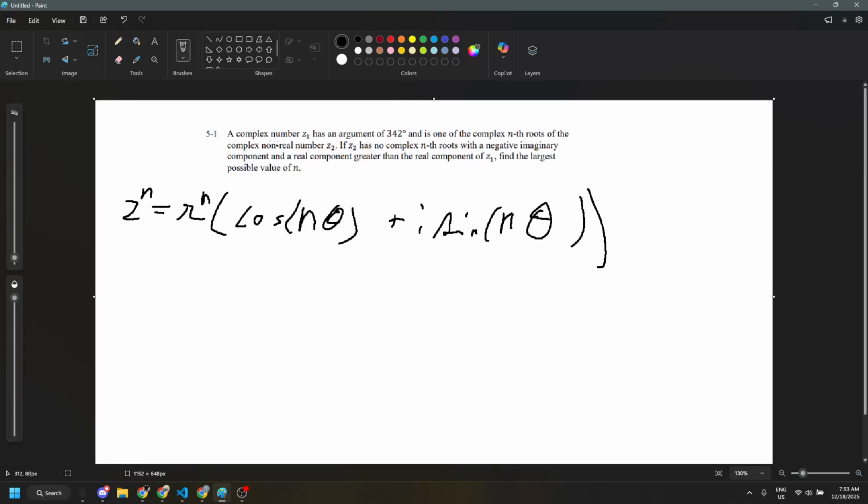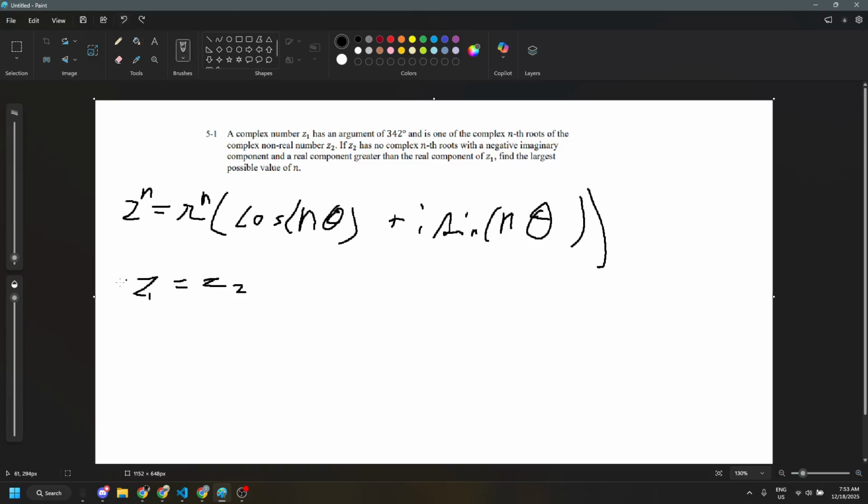So looking at this, z1 is the root of z2 to some n. Oh no, z1 to some n if it's the root. I don't know.